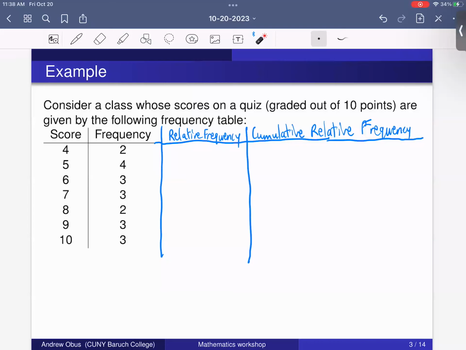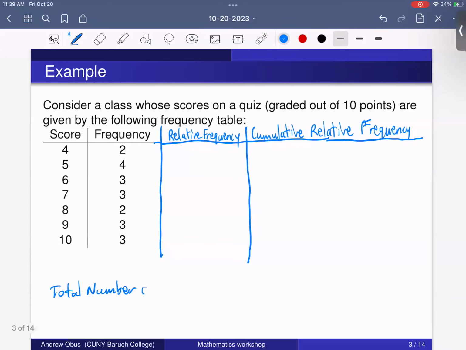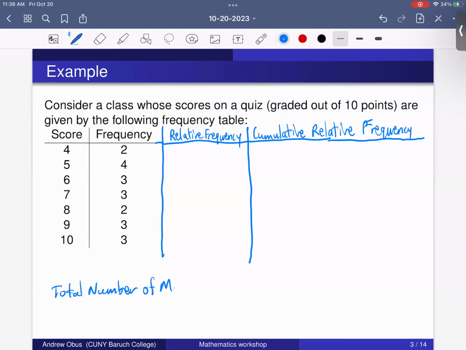What calculation do we have to do? 2 plus 4 plus 3 plus 3. Mm-hmm. Great. So plus 2. Great. Thank you, Christopher. That's exactly right. So the total number of measurements, as Christopher said, is 2 plus 4 plus 3 plus 3 plus 2 plus 3 plus 3. This turns out to be 20.